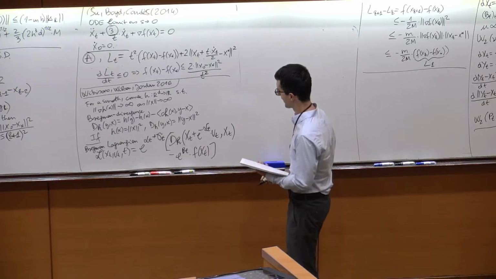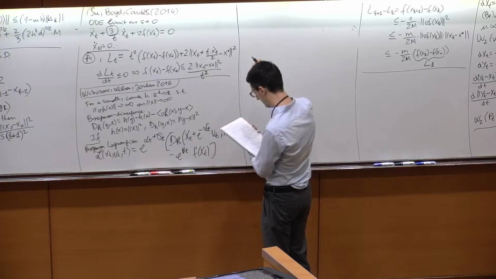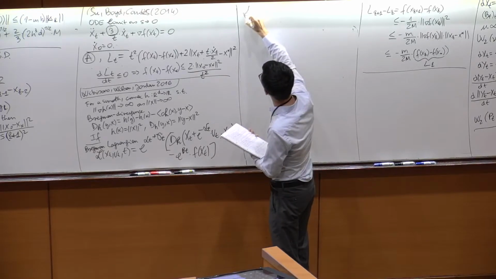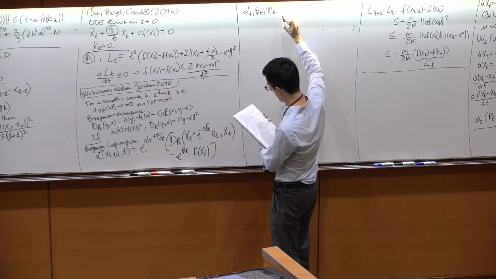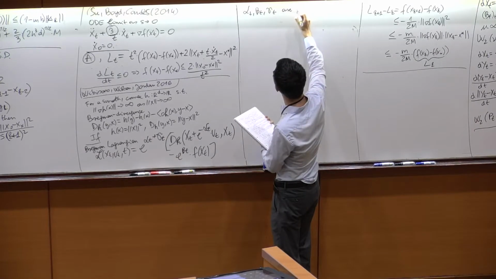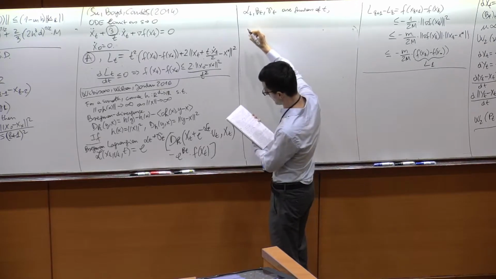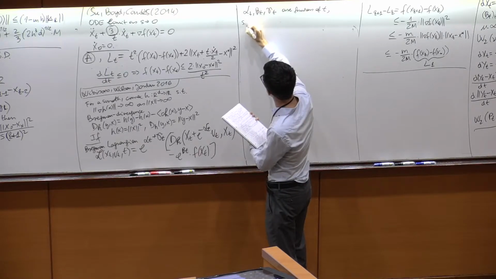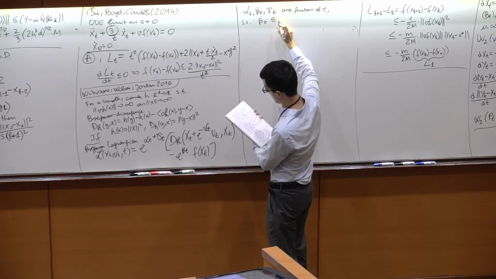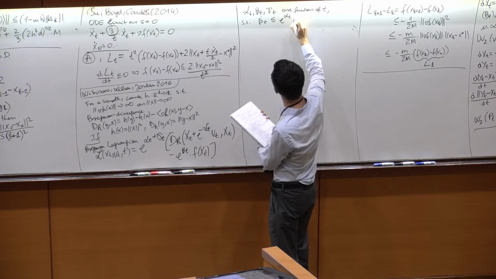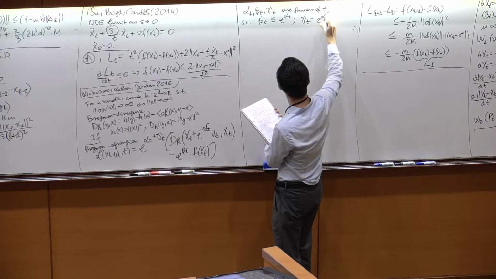And now here, alpha t, beta t, gamma t are functions of t. Okay, and we want them to satisfy the conditions that beta t derivative is less than or equal to e to the alpha t, and gamma t equals e to the alpha t.